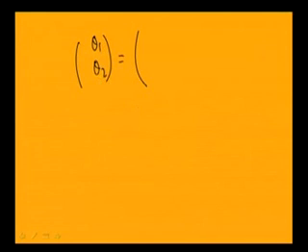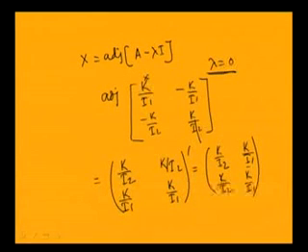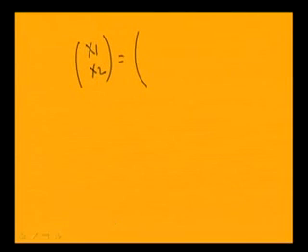Either you take the first column or the second column, you can observe that by keeping x2 equal to 1, this reduces to 1, 1.